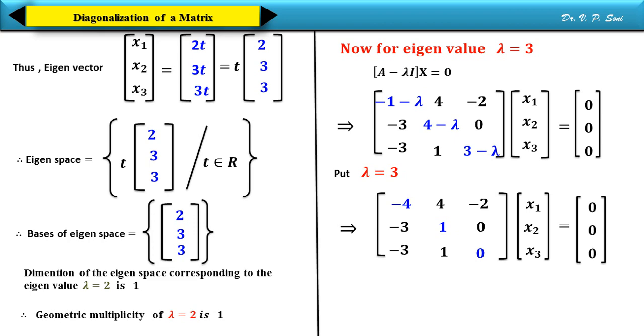Now multiply the two matrices, then we get minus 4x1 plus 4x2 minus 2x3 equal to 0, minus 3x1 plus x2 plus 0x3 equal to 0.